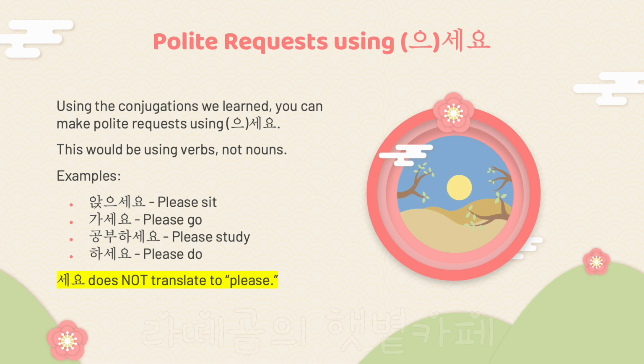First, we have 앉으세요, please sit. 가세요, please go. 공부하세요, please study. 하세요, please do. One more thing to note is that 세요 does not translate to please. It's just a more polite or formal way to request someone to do something.